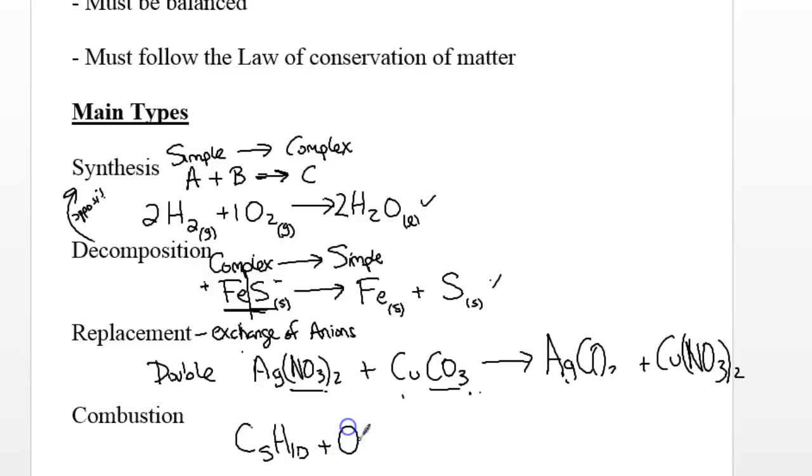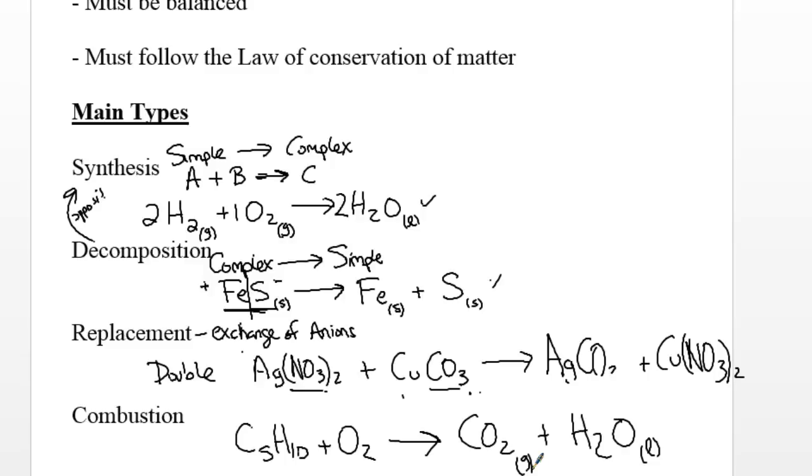Some oxygen and some heat, O2, and on the other side we're going to produce CO2 plus H2O. Okay. The main thing you're always looking for in these is carbon dioxide, gas, and water. So whenever you see a reaction, whatever it is on this side, it could be organic, and a lot of times it is. It doesn't have to be, but you always produce carbon dioxide and water.